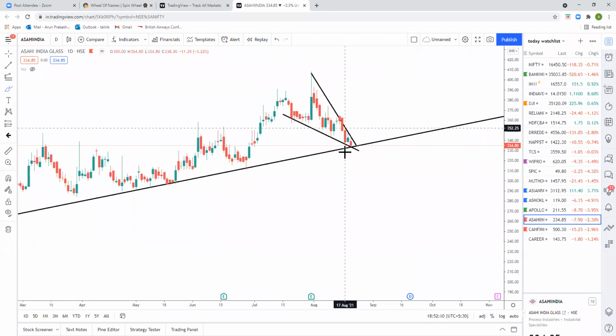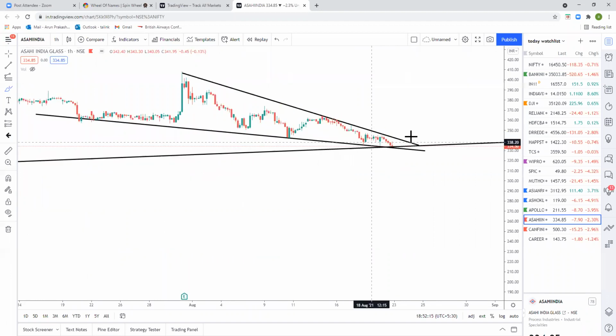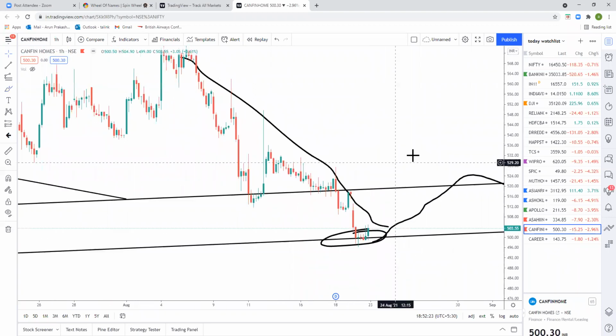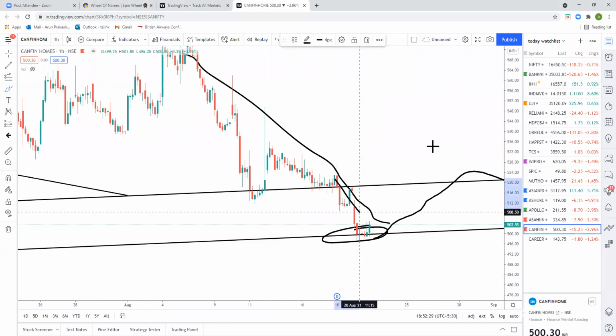Let it consolidate for 3 days. It is trading at this support. In 1 hour, we have drawn this trend line. So when this is broken, you will get a momentum. Similarly in CANFIN also. All right, let it consolidate and show you signs of reversal. Then you can go ahead and take it.